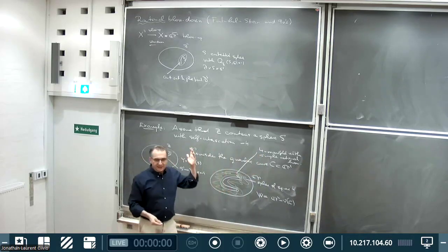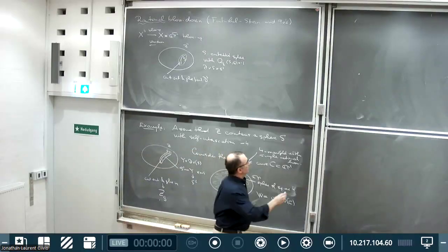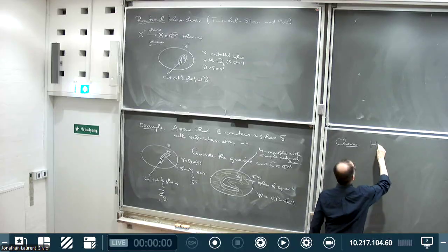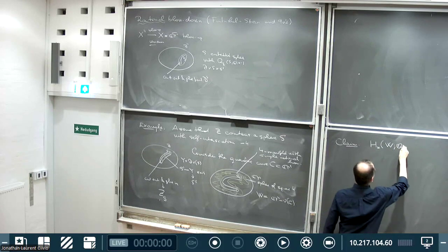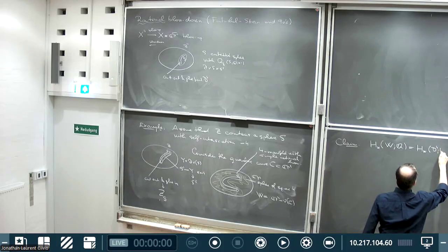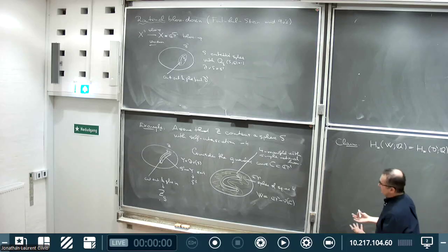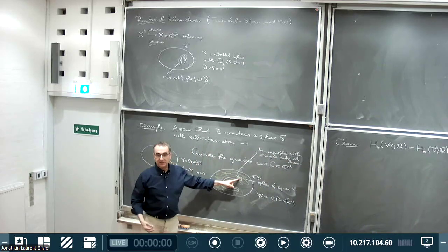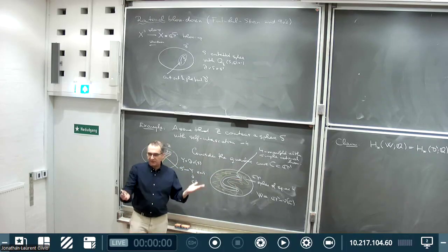Needless to say, D4 has a very simple integer homology, and the claim is that H lower star of W with rational coefficients is the same as that of the disk with rational coefficients. You can check that by taking, say, the Mayer-Vietoris sequence. The rational homology of the boundary of the neighborhood is 0. It has finite fundamental group, everything disappears.